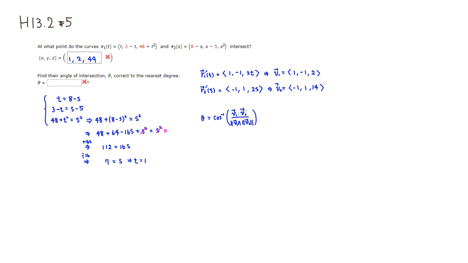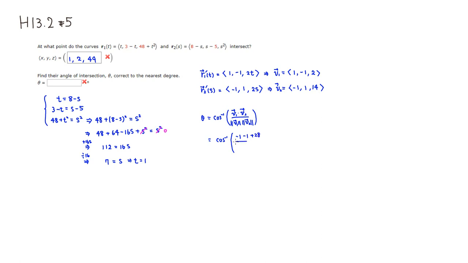Let's compute this. Let's do the dot product. Sorry, I'm doing the wrong one. 1 times negative 1 is negative 1. Negative 1 times 1 is negative 1. And 2 times 14 is 28.